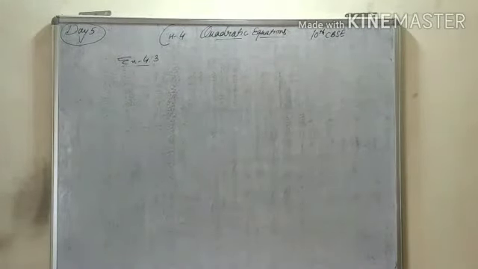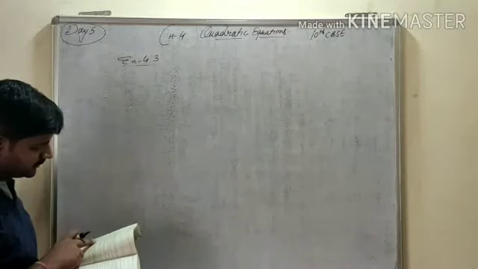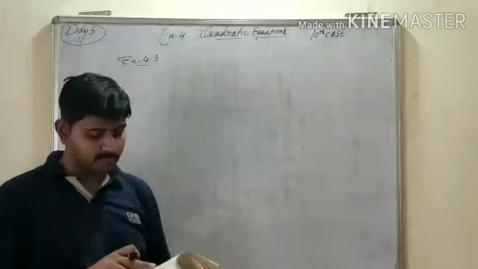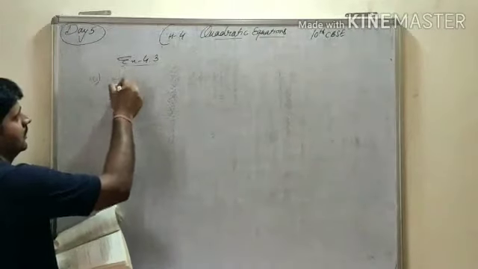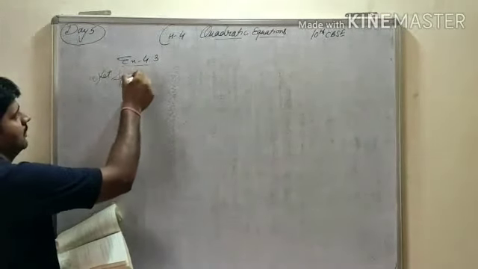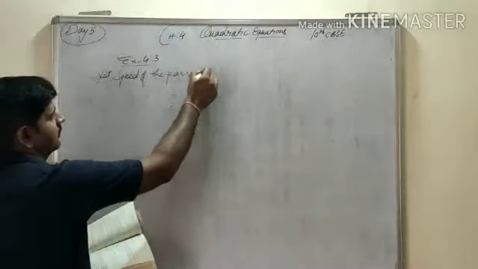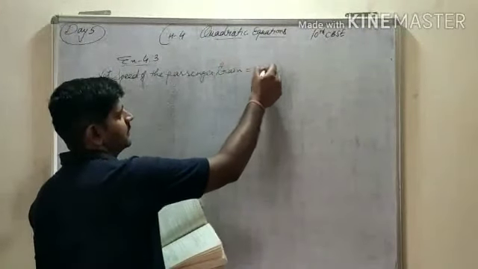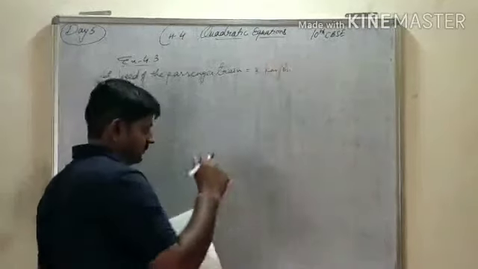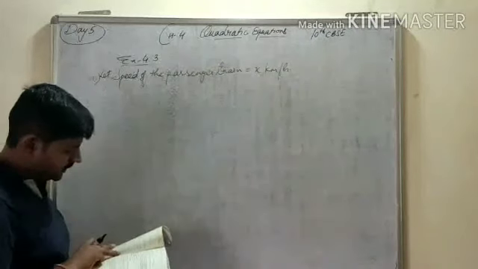Next question, which is: given an express train takes 1 hour less than a passenger train. So speed of the passenger train we can take, let speed of the passenger train be x kilometer per hour, and there is written total distance is 132 kilometer.